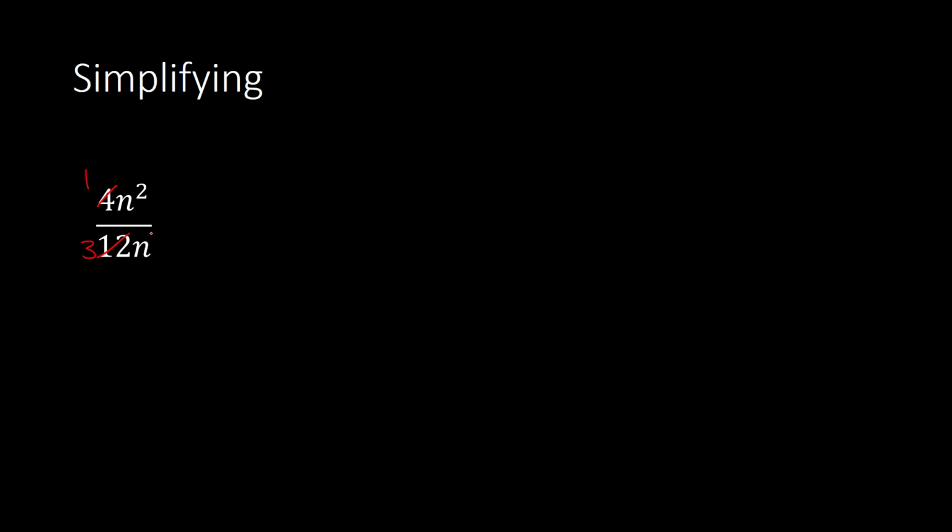So the exponent down with the n would be a 1. So we have 2 minus 1 would give me n to the first power. And we have more n's on the top than on the bottom, so the n to the first power would go on the top. The 1 in the front and the 1 for the exponent do not need to be written, and we could just write that as n over 3.